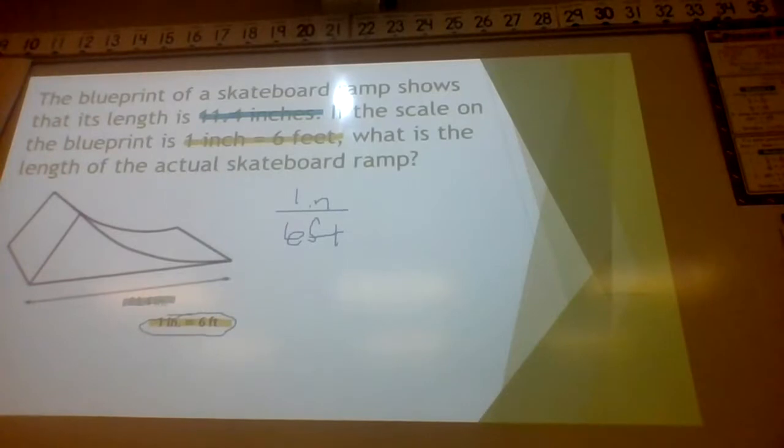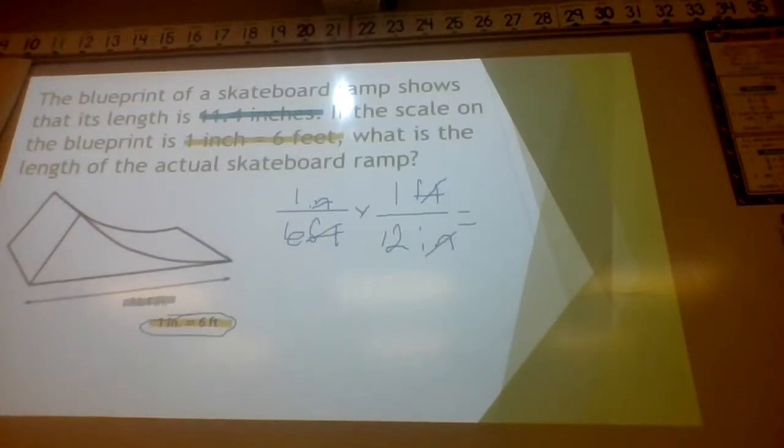No. These are not the same units. So you will multiply, because you know 1 foot is equal to 12 inches, right? So that way your feet can cancel out, your inches can cancel out, and we're going to multiply.